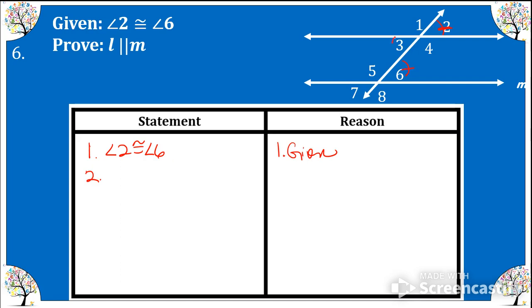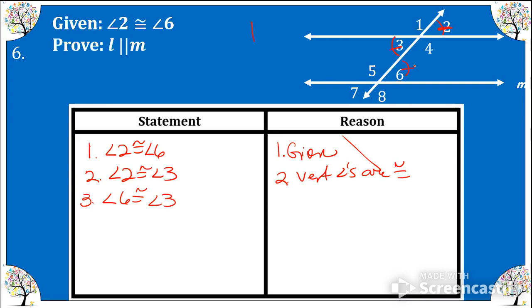So we could say angle 2 is congruent to angle 3, vertical angles are congruent. And then our transitive property: 2 and 6 are congruent, and 2 and 3 are congruent. Then we can say angle 6 is congruent to angle 3. So 6 and 3, the transitive property.